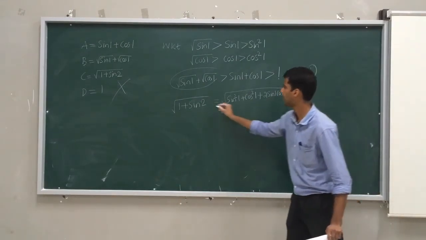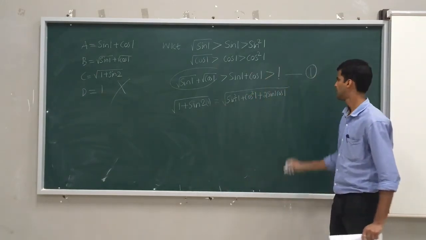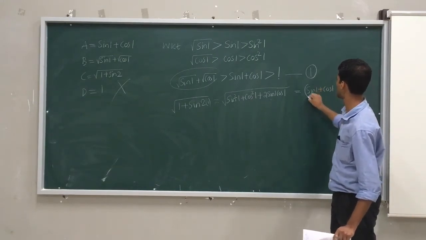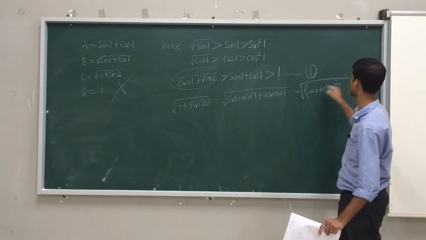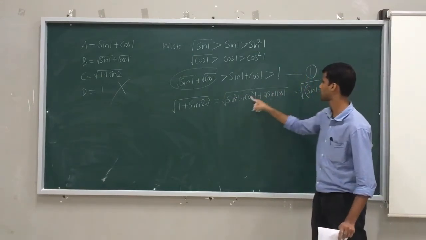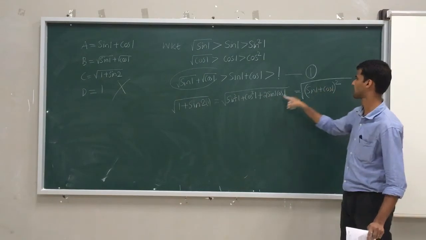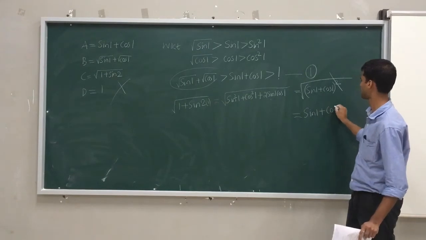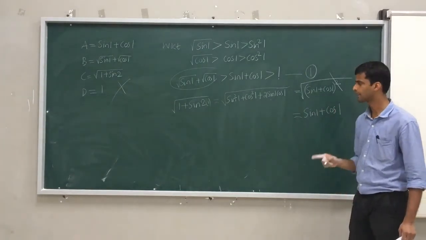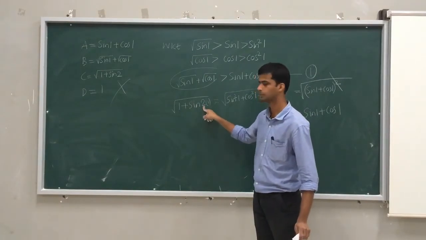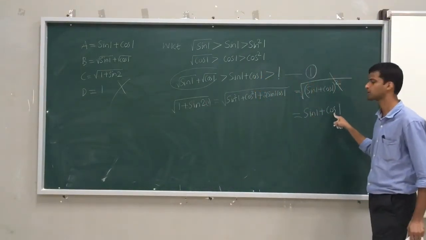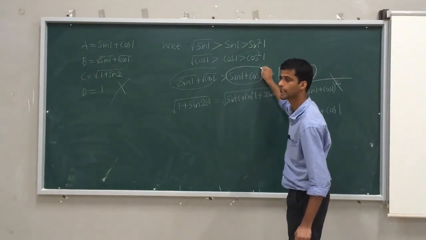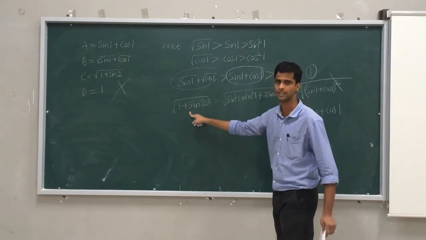Now it becomes sin 1 plus cos 1 the whole square, because that is sin square 1, plus cos square 1, plus 2 times sin 1 cos 1. Now the square will cancel and you are left with sin 1 plus cos 1. With this I got to know that root of 1 plus sin 2 is the same as sin 1 plus cos 1. It means sin 1 plus cos 1 has one more name, root of 1 plus sin 2.